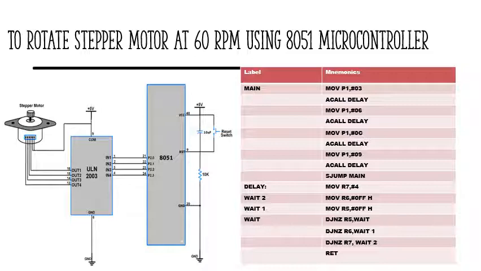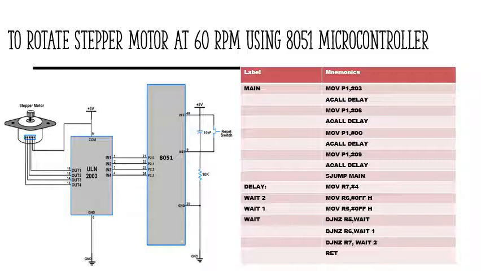Coming to the program, as I have told, since the 8051 microcontroller has its own on-chip ports, we can directly connect the stepper motor to the ports. So we can give the excitation values directly to the ports.